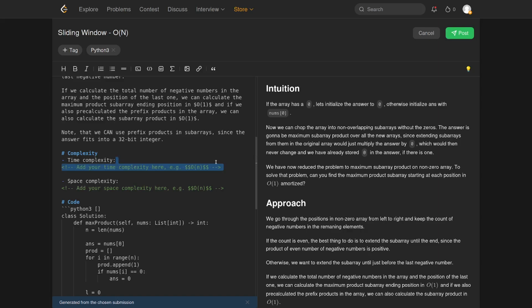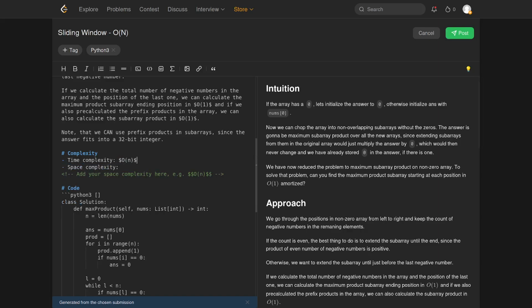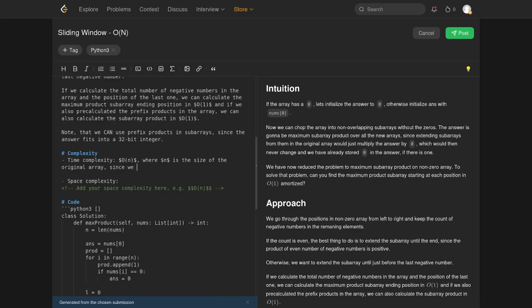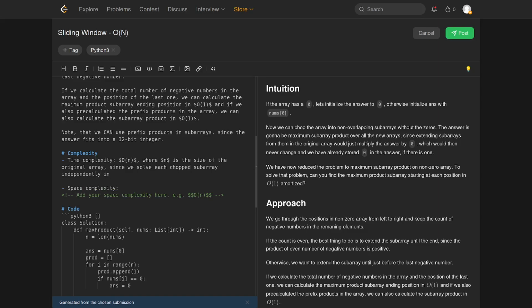Okay, so time complexity O(N), where n is the size of the original array, since we first chop it into subarrays, and we solve each chopped subarray independently in linear passes.